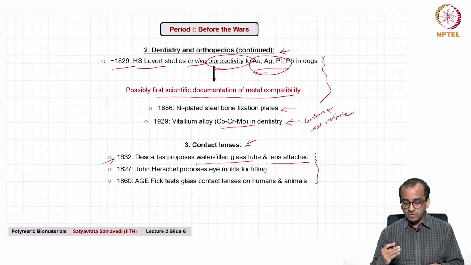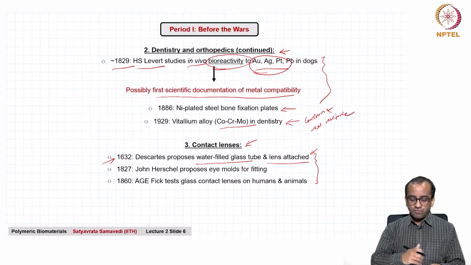Descartes is someone whose name you might immediately recognize if you have some exposure to philosophy. He is the person associated with "I think, therefore I am." He was a philosopher, but he was also a man who wore many hats. In this context, Descartes' proposal, although very interesting, was very impractical, because with this kind of a device, the person can't even blink.